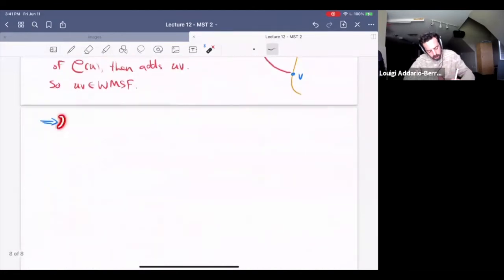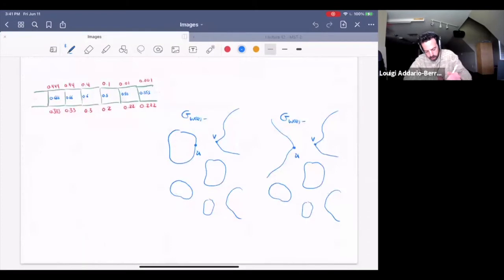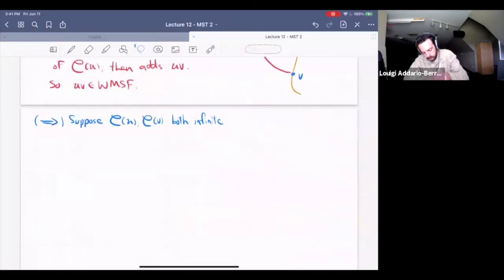Okay, so here I'm supposing that CU and CV are both infinite. And I think I have a picture to help me with that. I'll use this one.